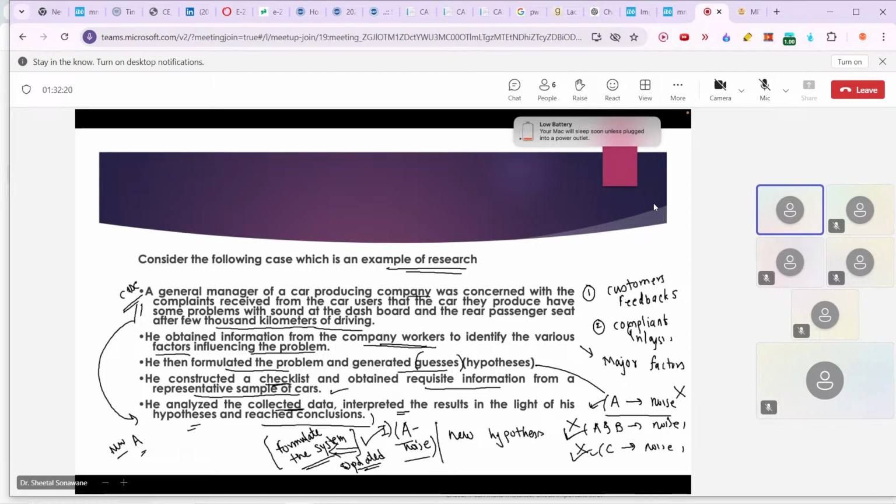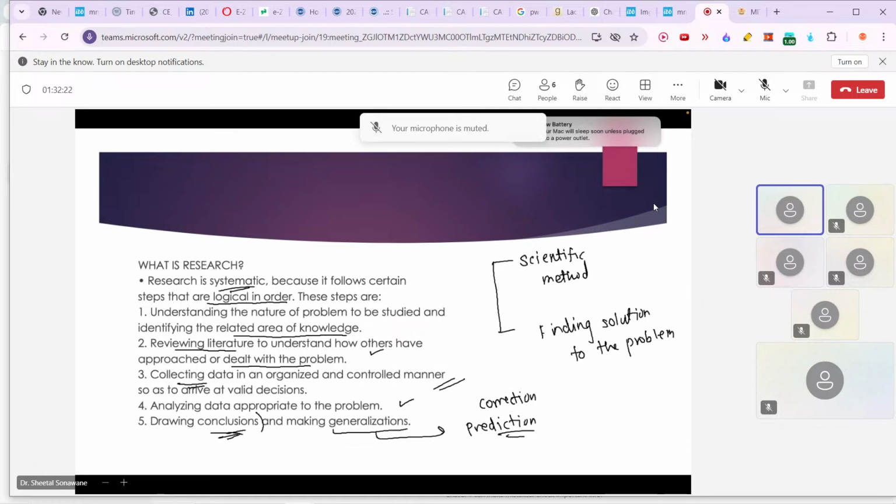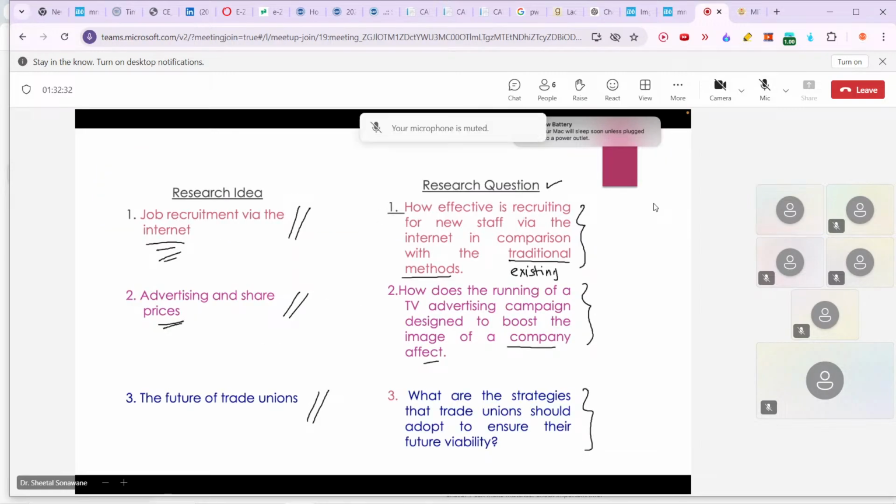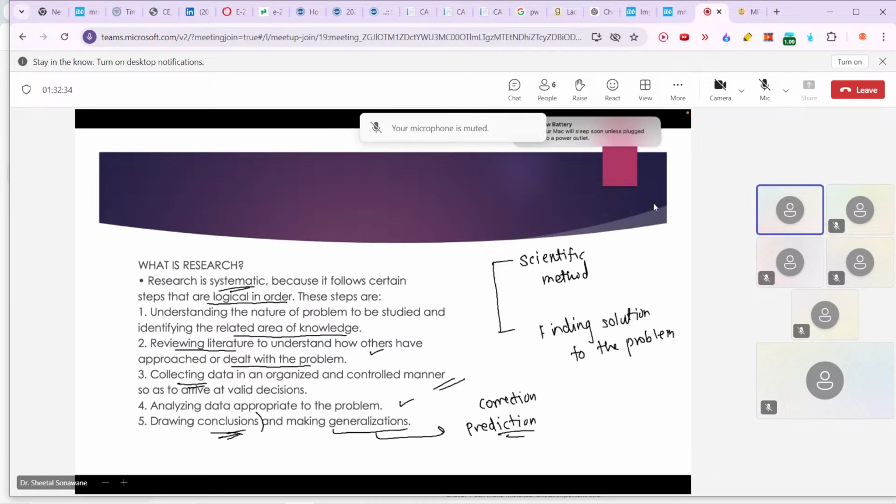So this is the basic understanding of research. The same thing again and again: what is research? We have already gone through it, but finally, what I wanted to tell you is that research is an entire process.